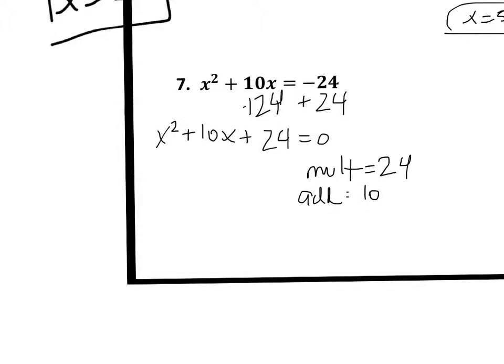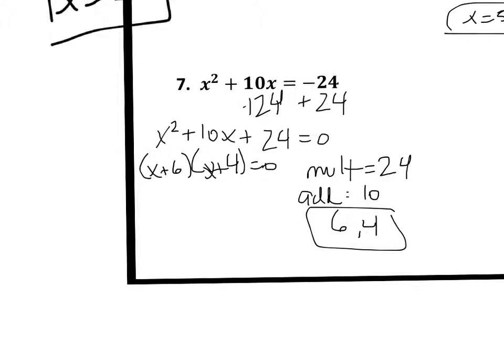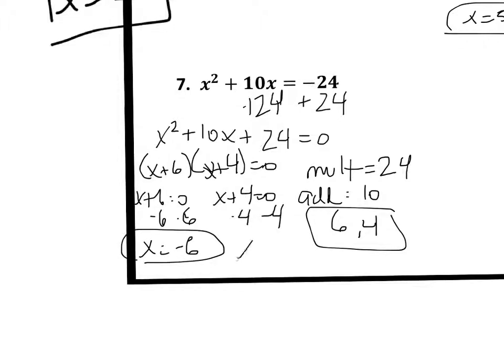Now I can write it in factored form. x plus 6, x plus 4 equals 0. Now we can use our zero product property and set them both equal to 0. x plus 6 equals 0, x plus 4 equals 0. Subtract 6, subtract 4, and I get x equals negative 6, and x equals negative 4.